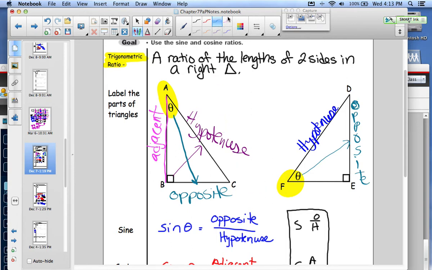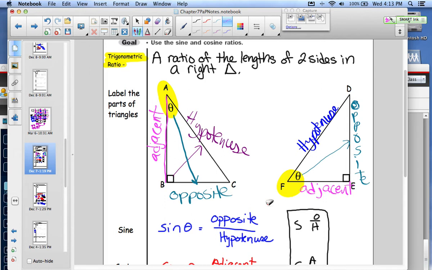And then the last one, and I don't know why, I just always label the adjacent last, because to me, finding the hypotenuse and the opposite side are the easiest. This would be the side adjacent to this angle. So now I've got them labeled, and labeling them is extremely important for solving the problem because you're going to be given one of the sides and you're going to be asked to find one of the sides.